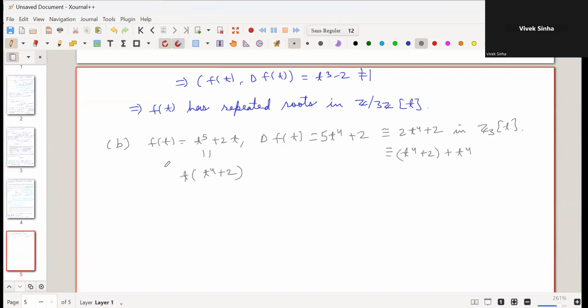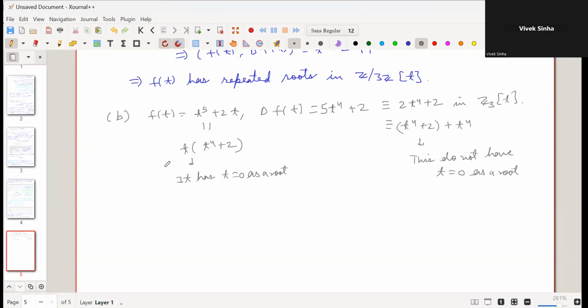See, f has t equal to 0 as a root, but this polynomial does not have t equal to 0 as a root. So definitely t is not a common factor.